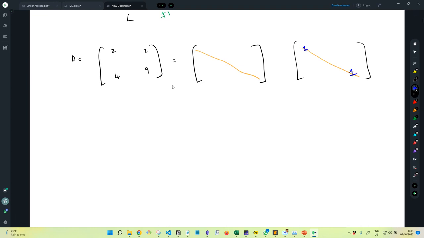For the upper triangular matrix, the elements below the leading diagonal are 0. Similarly, for the lower triangular matrix, elements above the leading diagonal are 0. Then what are the unknowns? Unknowns are U12, L11, L22, and L21. Basically, we have four unknowns in the matrices.